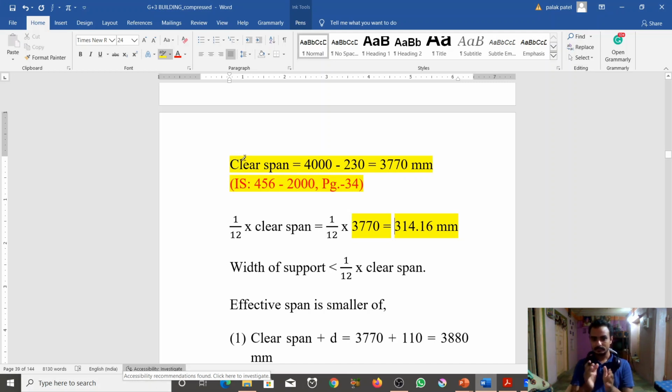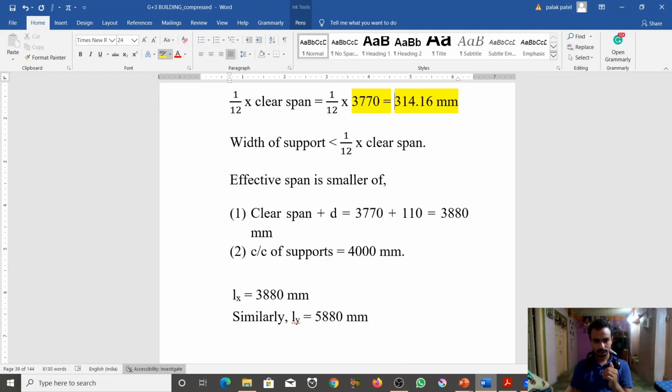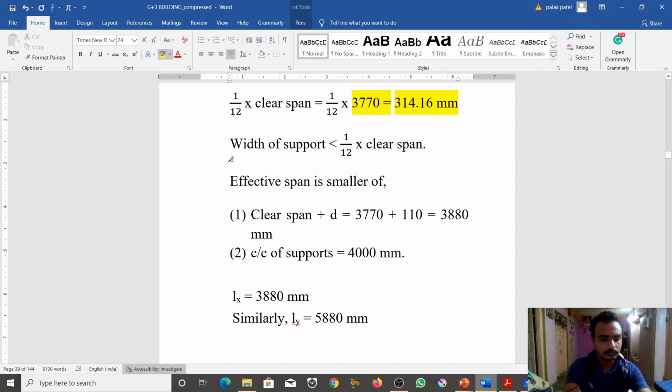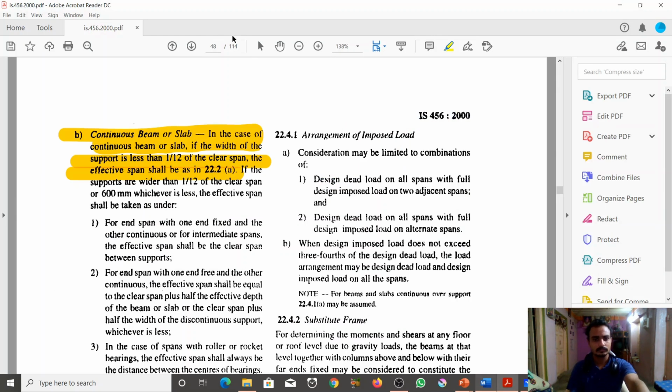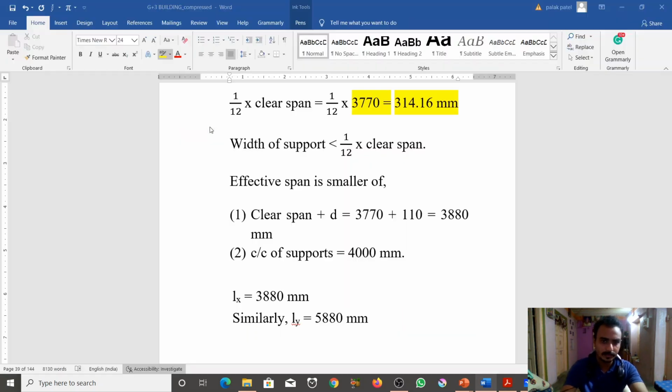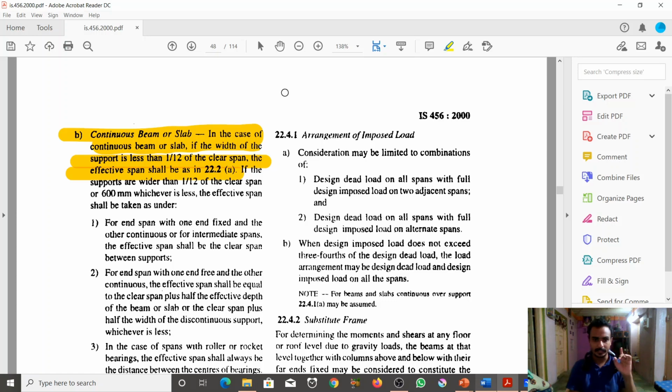This is greater than the width of support. What we need is the width of support being less than the clear span divided by 12. So we have to follow IS code 22.2a.